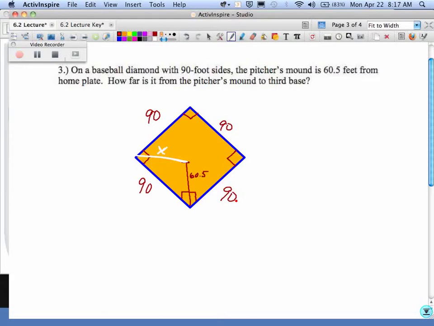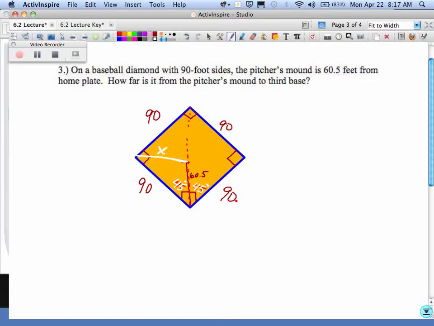So it is true that the pitcher's mound sits on that line, the diagonal, which means we bisect down here. So it does bisect that angle, and so now you have side angle side set up.